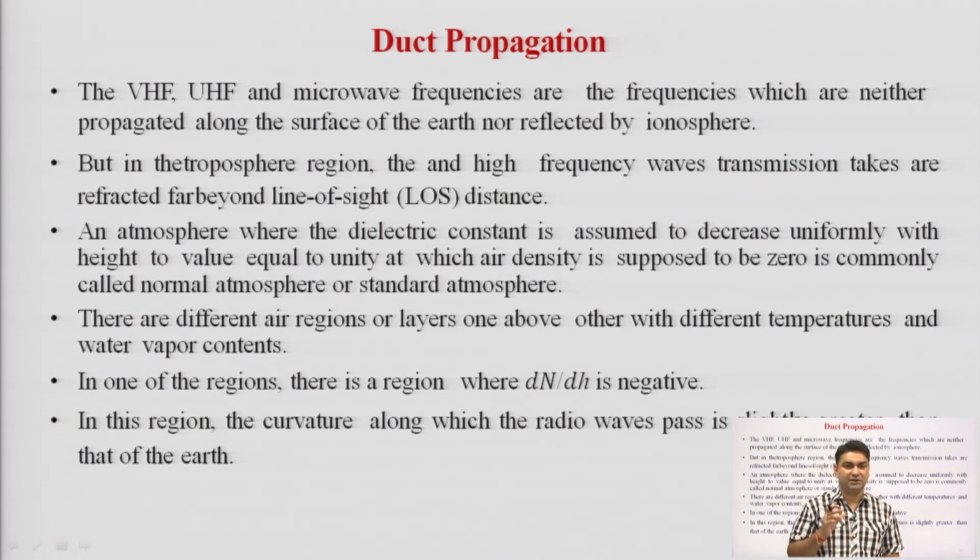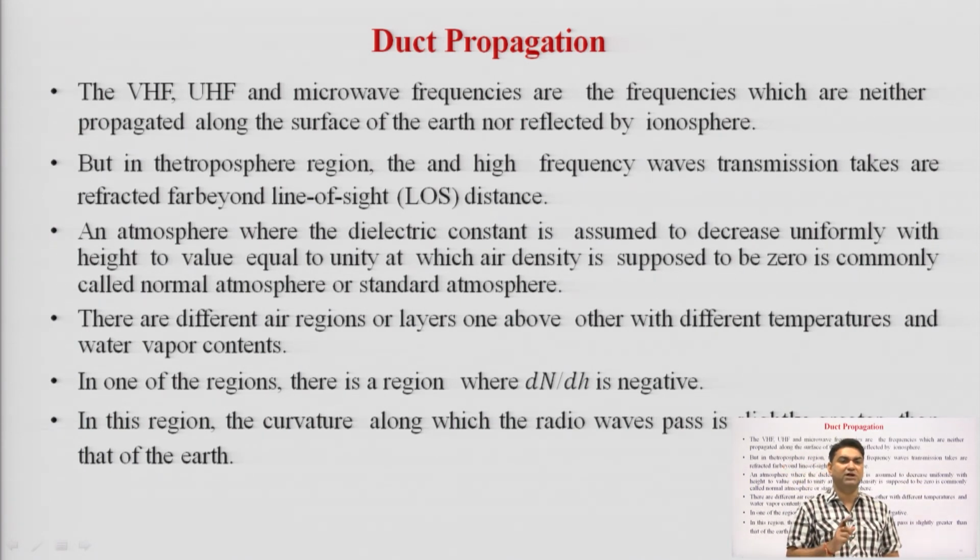But in some specific conditions, the laws of the standard atmosphere are not followed in some ranges or heights in the atmosphere, and when the general behavior of the atmosphere is not followed, ducts are formed because of this abnormal behavior of the atmosphere.